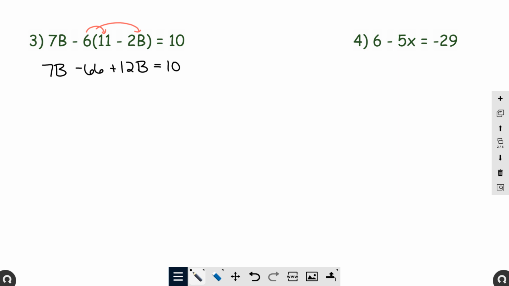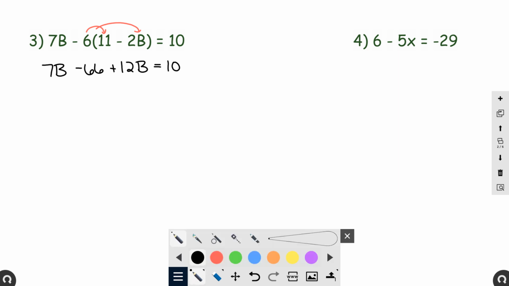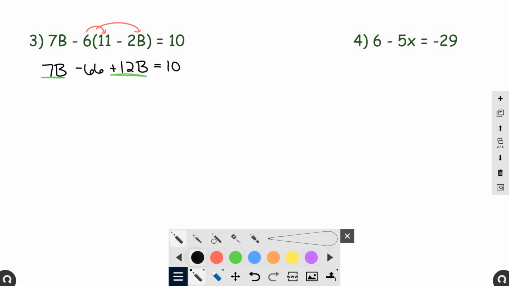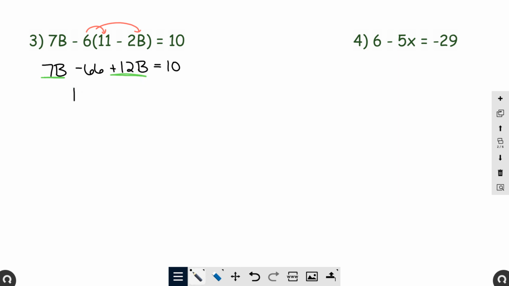All right, then what would you do? Well, you wouldn't subtract because they're on the same side and they're both positive, so you just put them together. So let's add those together first, and then we'll get rid of that 66. So 7 and 12, since they're on the same side of the equal sign, we just put those together. So 7 plus 12 makes 19.